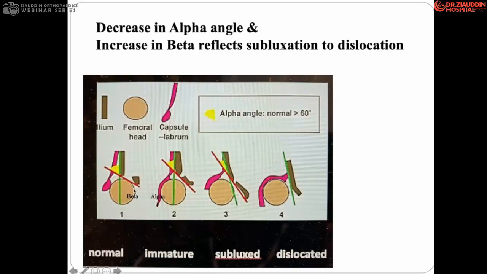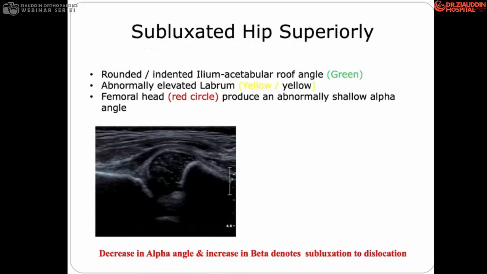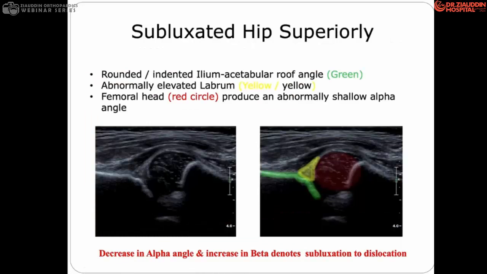Normally there is a beta angle here and there is an alpha angle here. When the head subluxates, the cartilage and bone portion reduces like this, the alpha angle decreases here, and the beta angle increases because the bony deficit increases. So here is another view, a rounded, indented, subluxated hip.